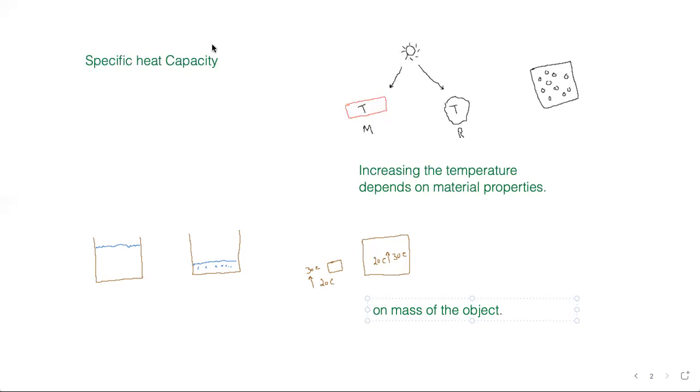Now we combine this with our previous example for understanding thermal conductivity. In that case, we understood that thermal conductivity depends on the type of material, what kind of material we are using.